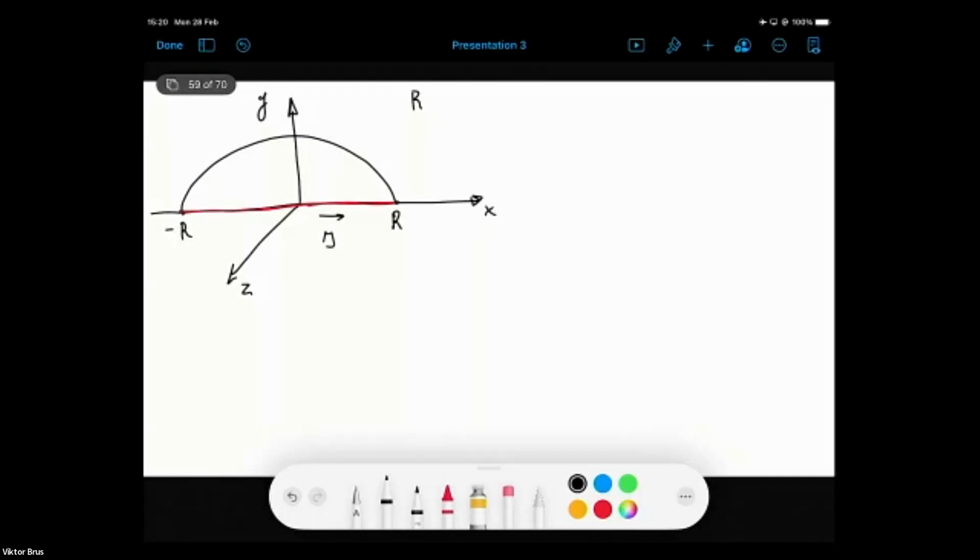Here we have current in this direction, and obviously it flows further in this direction.